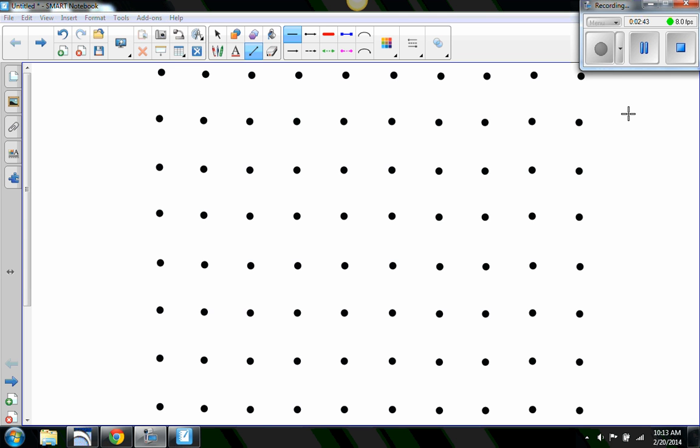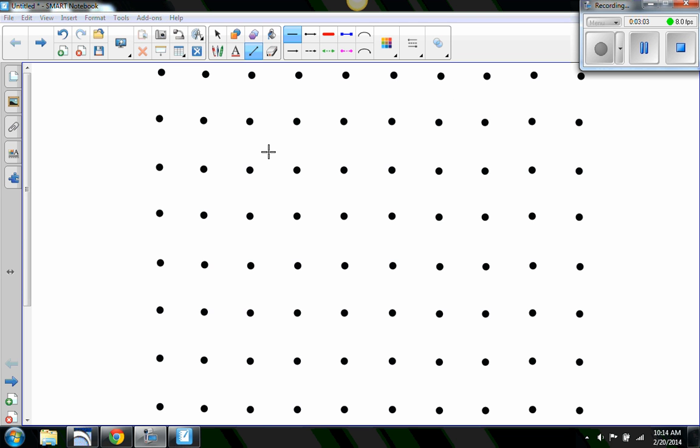Okay, so for part of your assignment that we're going to be going through tomorrow, you're going to have to draw some of these figures. It tells you to use graph paper, but I actually like using what's called dot paper, which is what I have here on the screen. I think it works a little better.